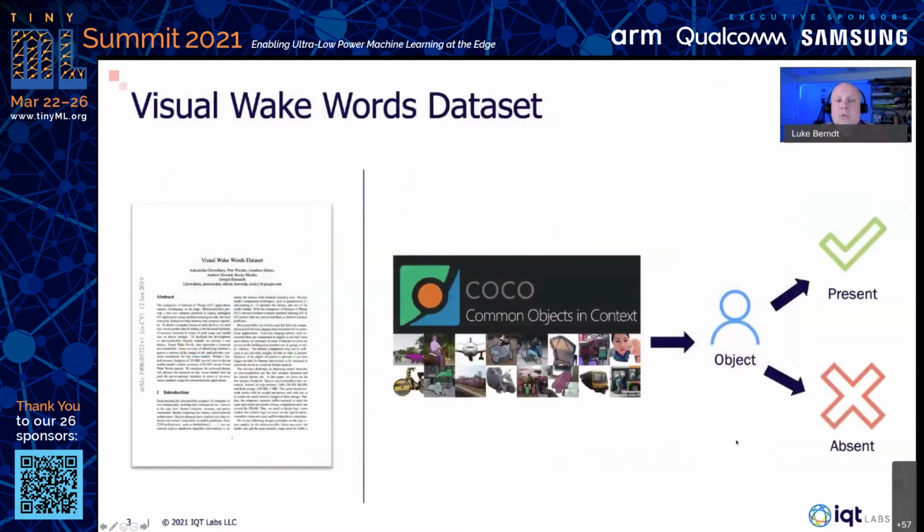The visual wake word data set has emerged as the initial way to start training a model for doing visual tasks in tinyML. It trains a binary image classifier using images from the COCO Data Set, and it ends up training a model that will let you know, is this object in an image or not?